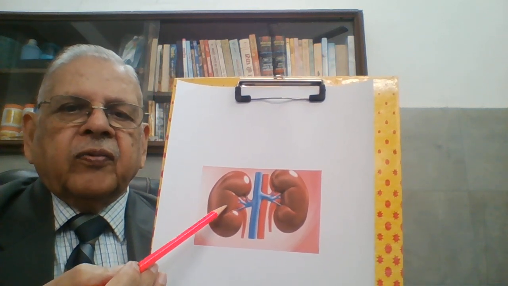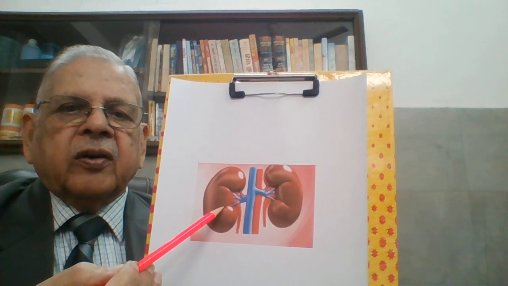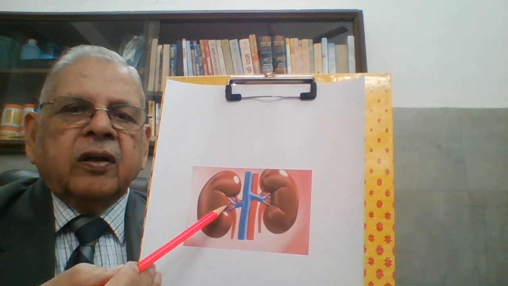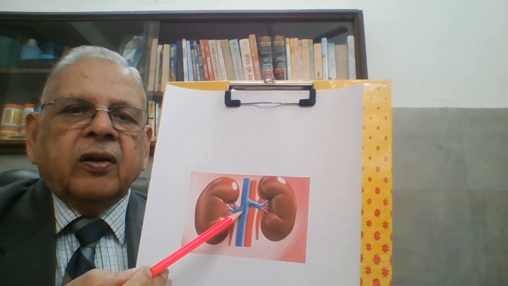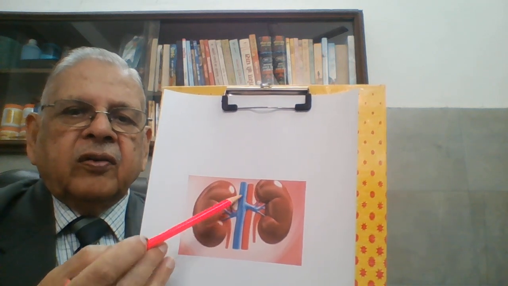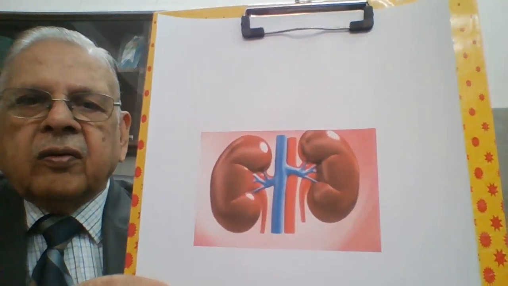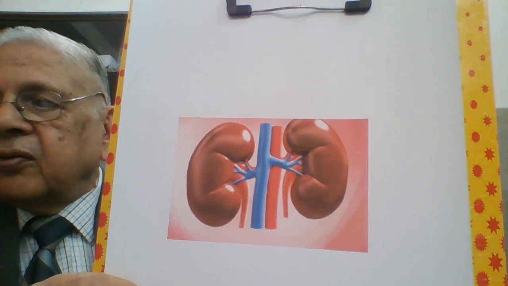After purifying this blood, it is brought back to the inferior vena cava, from where it reaches the heart. So the first thing is to know where they are situated or located in our body.